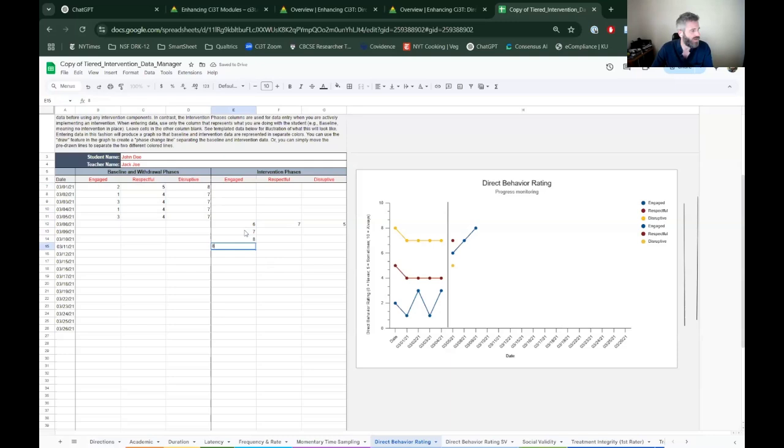And 8 is amazing. If a student is engaged 80% of the time, huge. Now, perhaps respectful behavior also improved, which is great. Behavior is kind of holding steady at a level of 7. And then lastly, hopefully disruptive behaviors start heading down. So you can see my yellow line heading down.